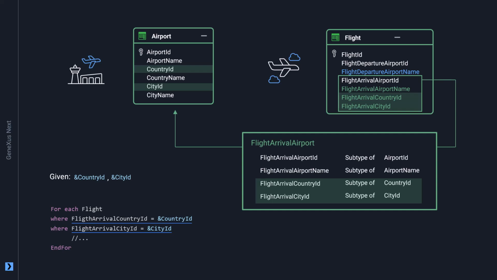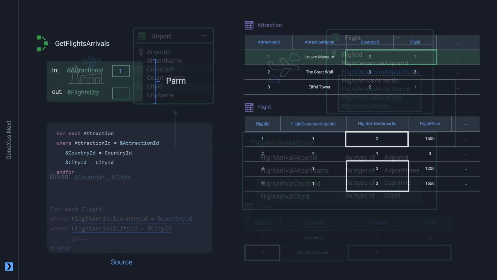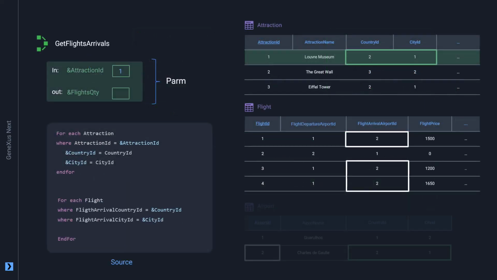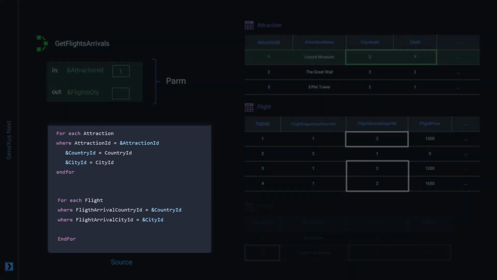We know that this for each will iterate exclusively over this set of flights, and what we want is to count them. So there we would place this for each, where we can see that the variables used for filtering were loaded in the previous for each.